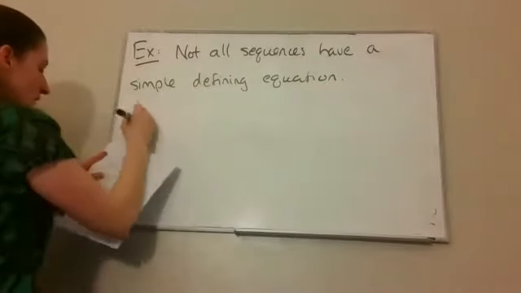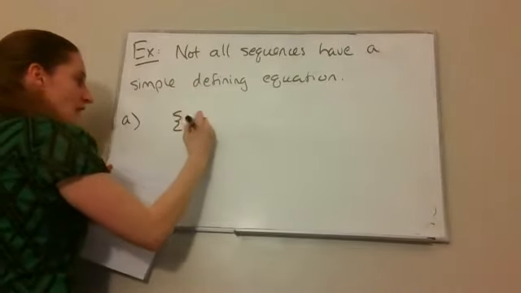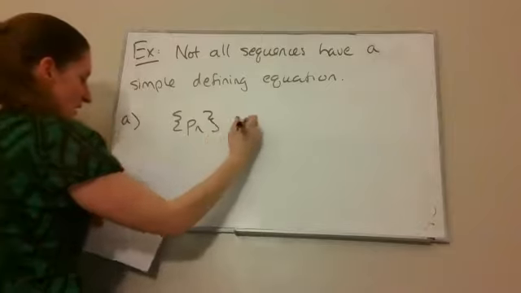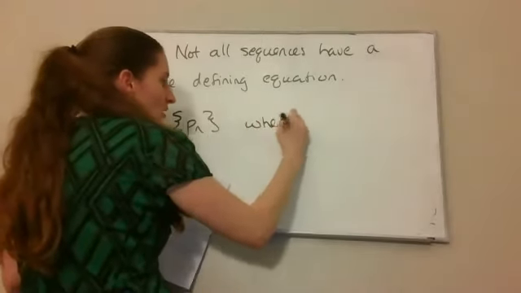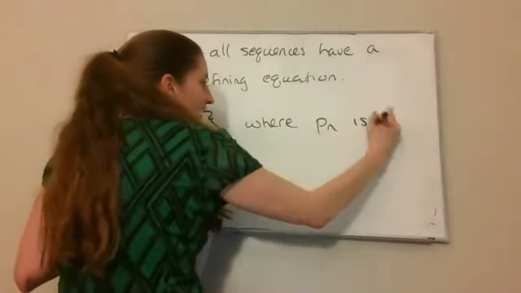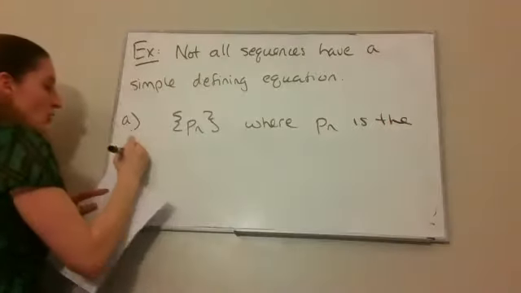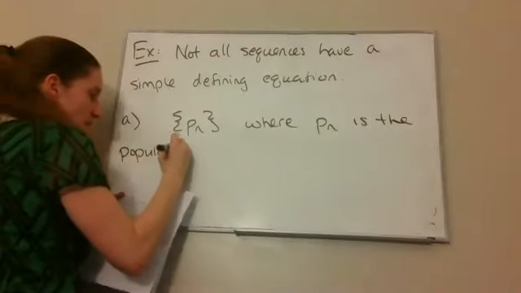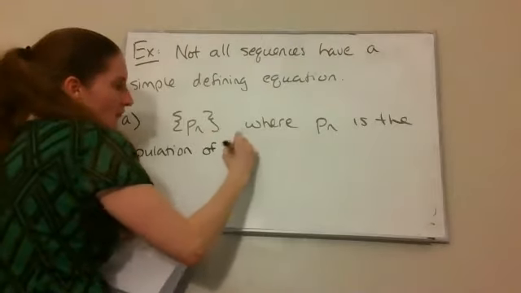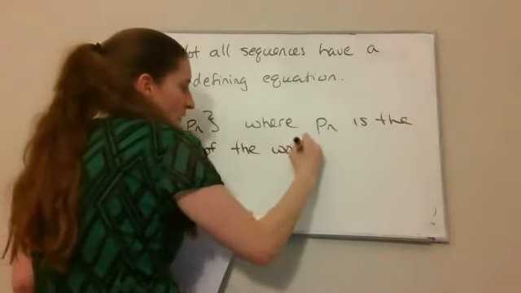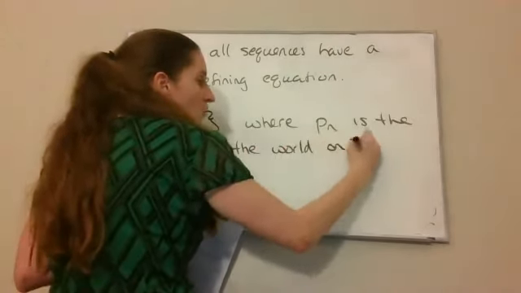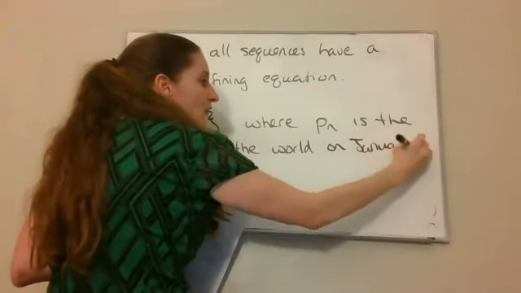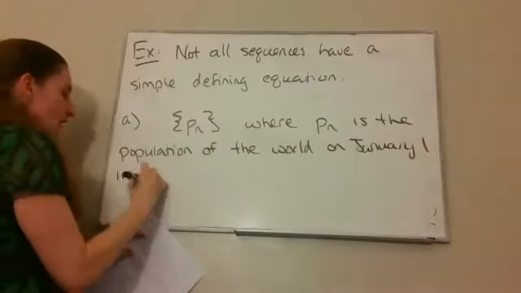For example, I could have a sequence that I'm going to call P_n, where P_n is the population of the world on January 1st in year n.